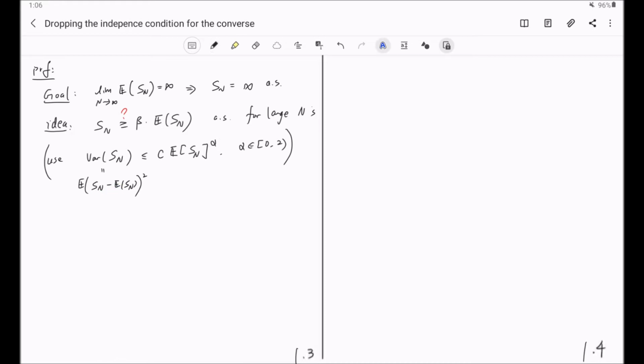And this somehow gives you a feeling that there's some kind of a subtraction going on in this inequality. And from here you will see the subtraction of Sn by this E of Sn, which corresponds to this first line of our idea.